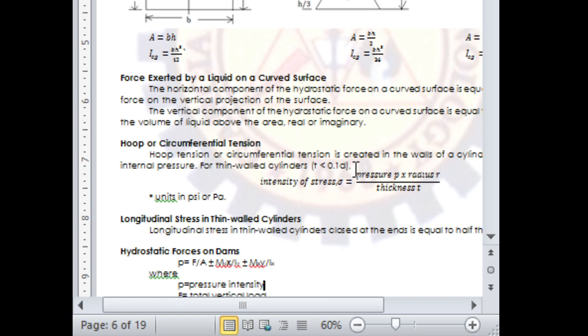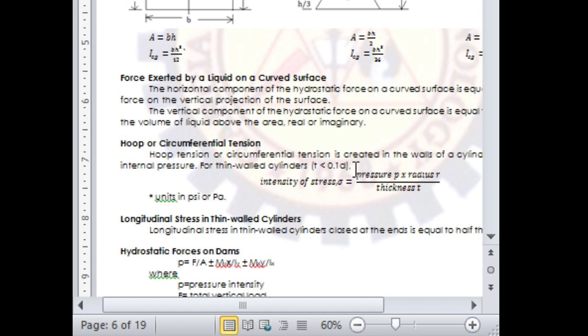If you observe, the aircraft, class, is a curved surface, right? So the fluid is the air. What is the force that can be felt if your aircraft is already flying? There's presence of pressure, there's presence of force. So you have to determine those values in order to design an aircraft that is safe.